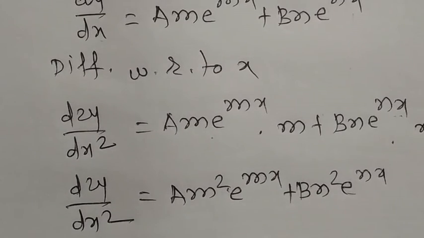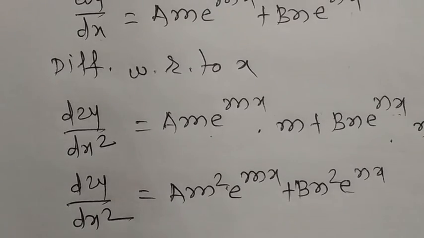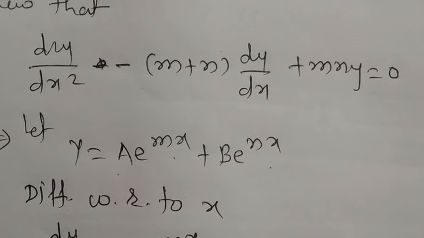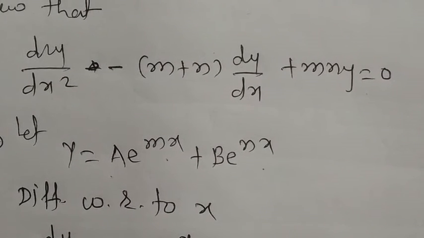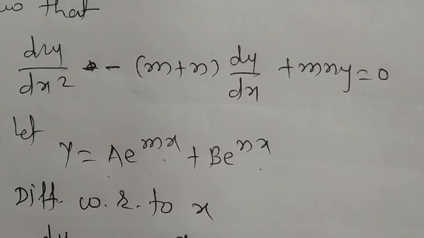Now we can take a second way, take the left hand side. What is the left hand side? That is d2y by dx square minus m plus n of dy by dx plus mny, and we can solve it equals 0.